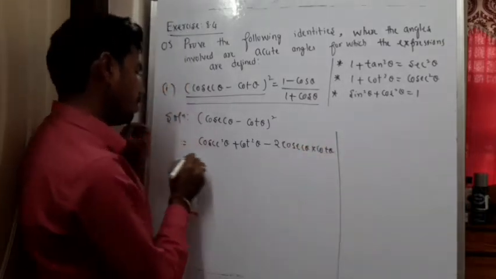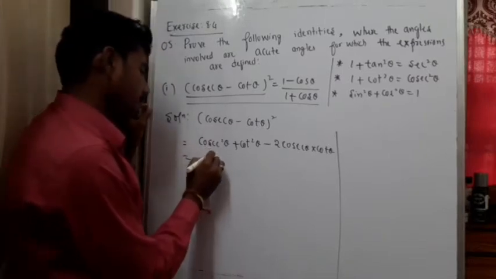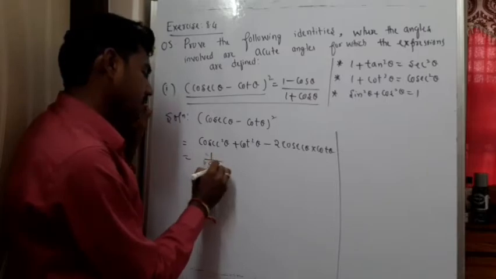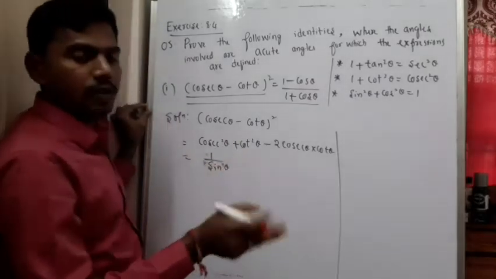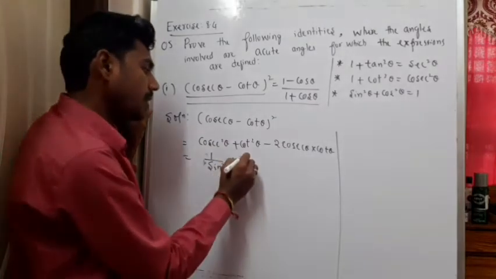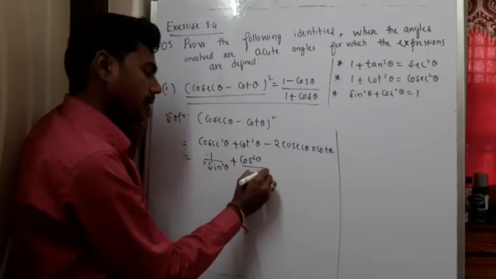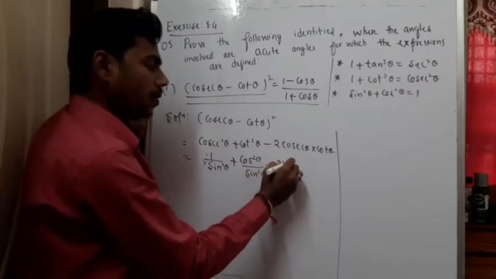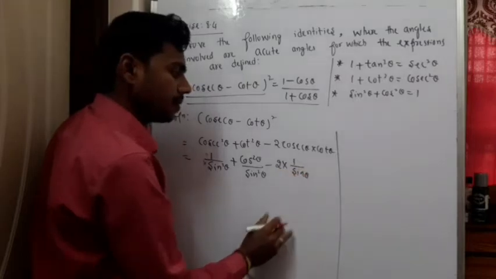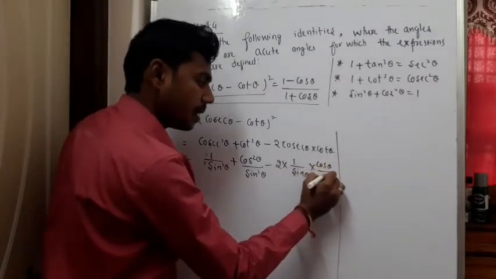Now, cosecant square theta can be written as 1 by sin square theta. Cosecant theta is nothing but 1 by sin theta, you know already. Plus cot square theta is nothing but cos square theta divided by sin square theta. Minus 2 into cosecant theta, which can be written as 1 by sin theta, into cot theta, which can be written as cos theta divided by sin theta.